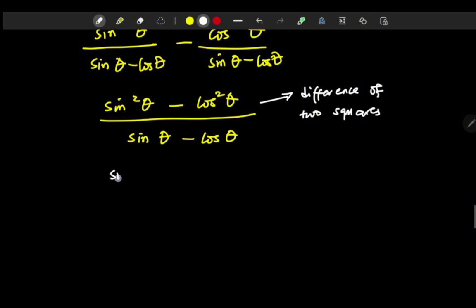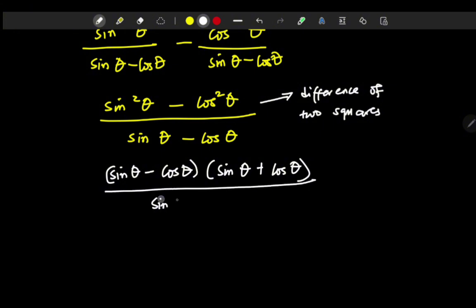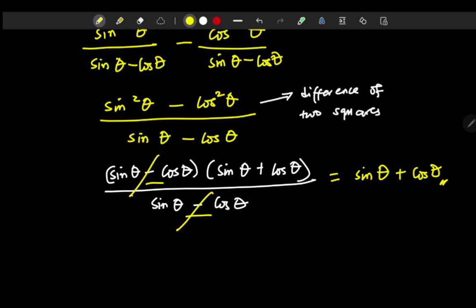The squares are sine theta minus cos theta, then sine theta plus cos theta, all over sine theta minus cos theta. As you can see, this and this are the same, so they'll cancel out, leaving you with sine theta plus cos theta. Alright, so this proves that the left hand side is equal to the right hand side.